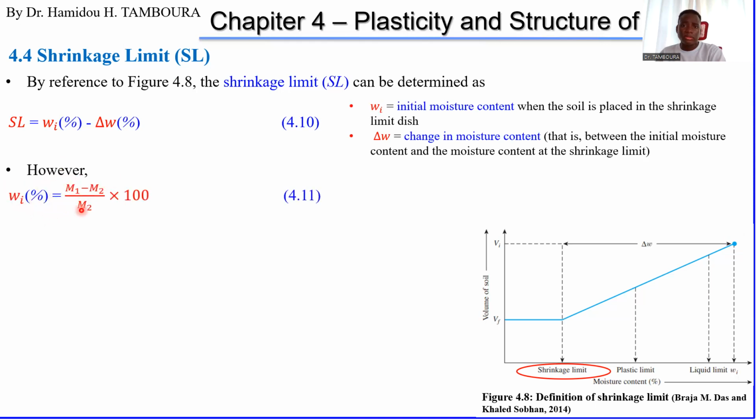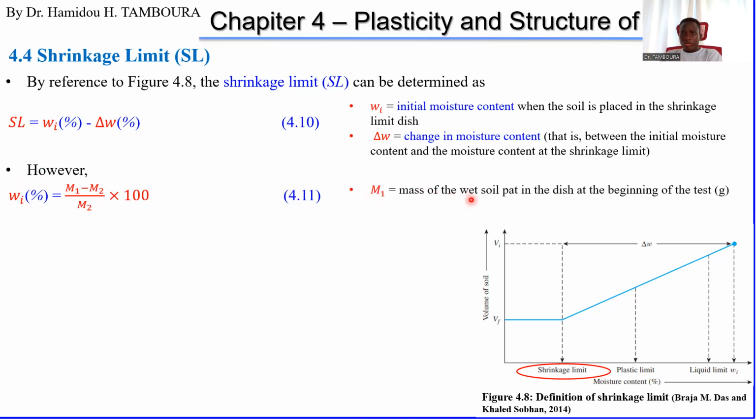So we know also that the water content or moisture content can be obtained by this formula. Okay, M1 minus M2, and we divide by M2. Of course, multiplying by 100, that is to get it in percentage. What is M1?